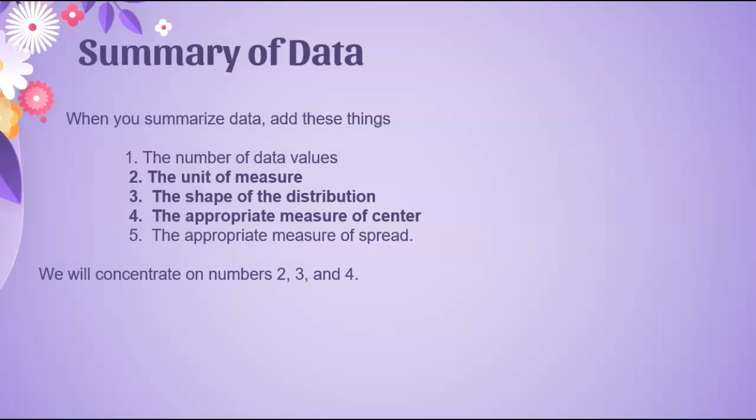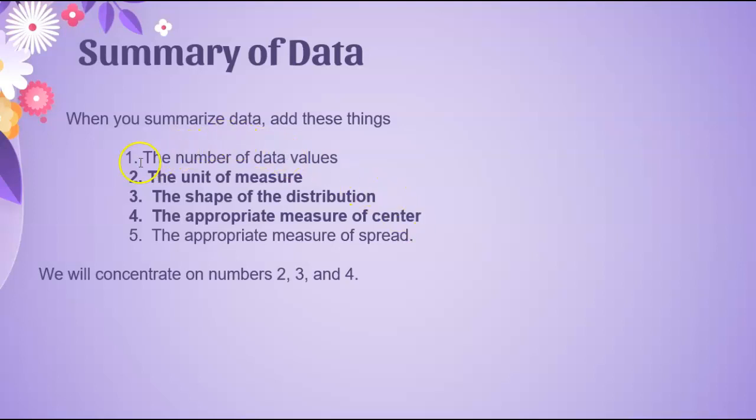When you tell people about your data, you want to give them some information. Some of the most important information is those 5 things on the screen. You want to tell them the data value, the number of data values, what you used as a unit of measure, the shape of the distribution, the appropriate measure of center, and the appropriate measure of spread if it applies.